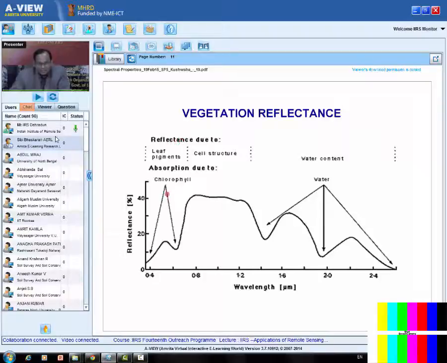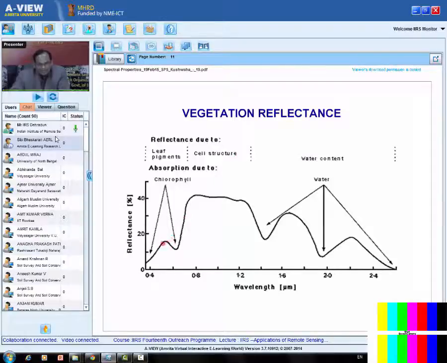The reflectance in the visible to near infrared region is mainly due to the leaf and chlorophyll A and B, xanthophyll, and many more. And then, of course, in near infrared, largely it is because of cell structure, which is the intercellular spaces, and also moisture inside the leaf.